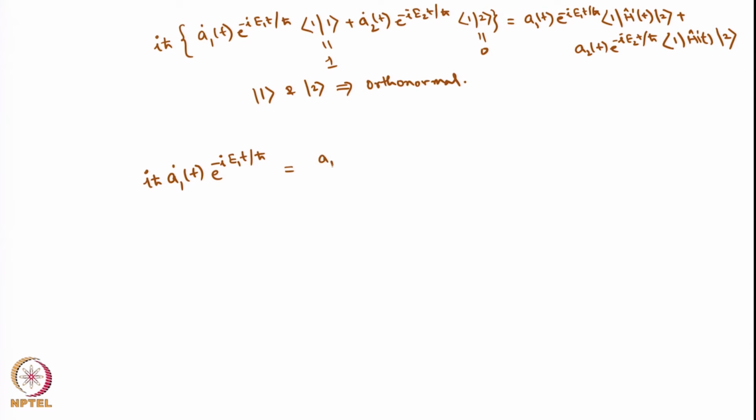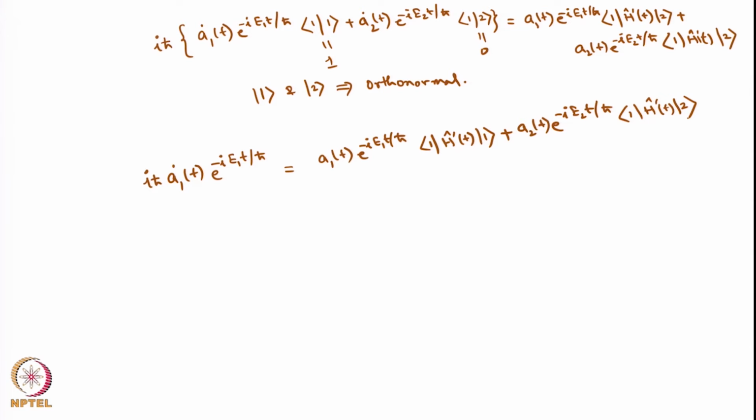to A1(t) e to the power of minus iE1t by ħ ψ1 H'(t) ψ1 plus A2(t) e to the power of minus iE2t by ħ ψ1 H'(t) ψ2. Okay.